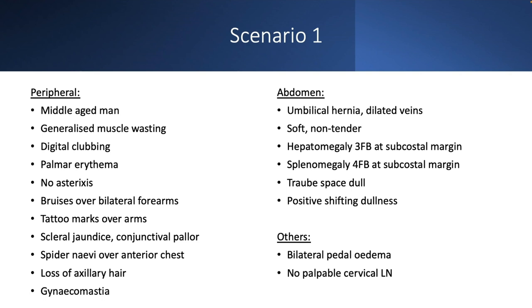The ascites, and then the spider nevi. Oh no, sorry. Spider nevi is not a sign of portal hypertension. So splenomegaly and the ascites. Is that all?